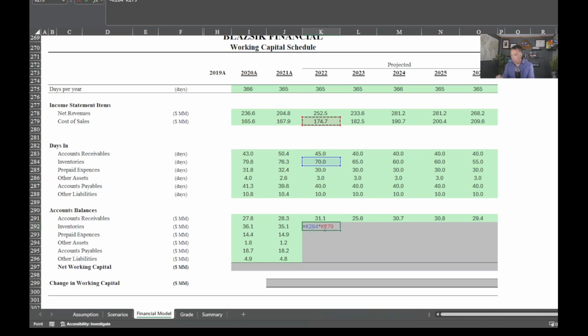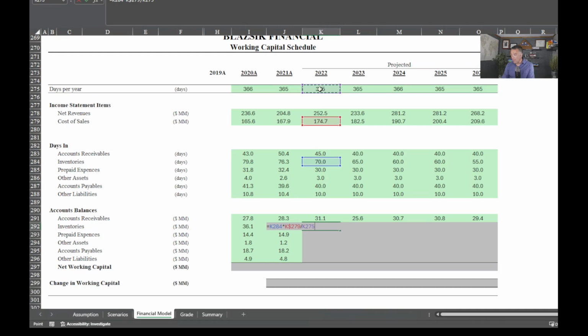Okay. Now, what do I want? I want cost of sales to drag to the right. I'm going to leave that letter alone, but I don't want it to drag down. So I want to freeze the number, the row. So I'm going to hit function F4 twice. I want the $ sign in front of that. Since I multiply times those two items, I'm going to divide it by the days.